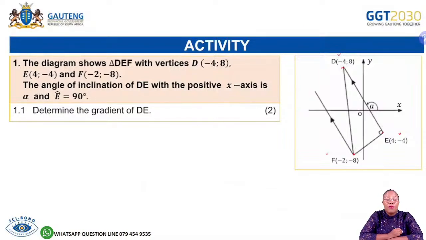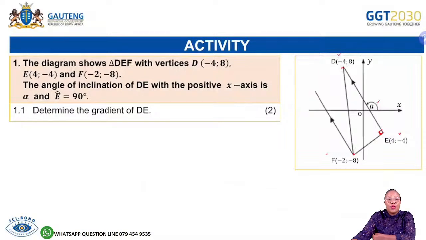And we have the angle of inclination of DE. The angle of inclination with the positive x-axis is alpha, as indicated on the diagram. We are also given that angle E is equal to 90 degrees, grade 12, as indicated on our diagram. That small cap there is telling us that the angle is equal to 90 degrees.